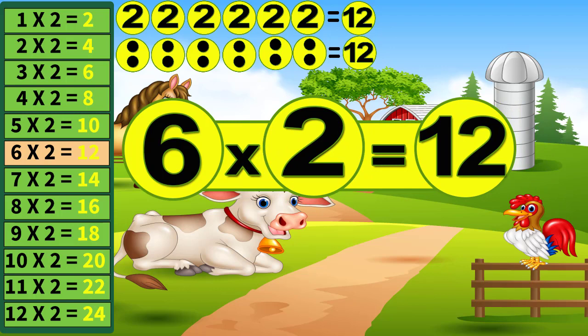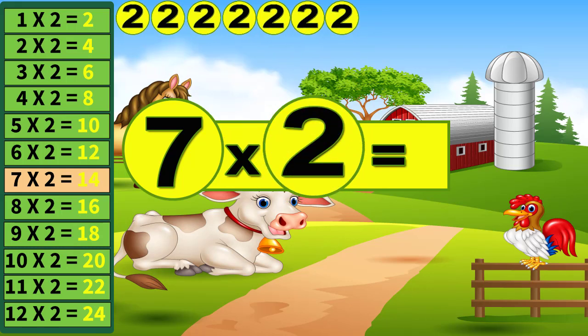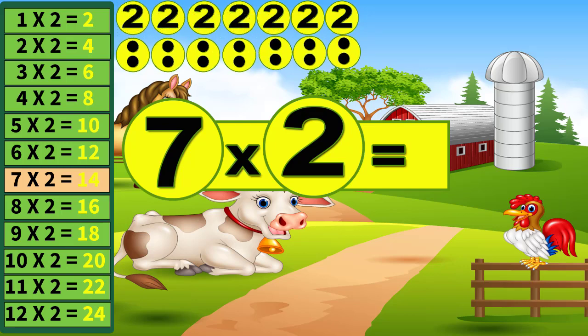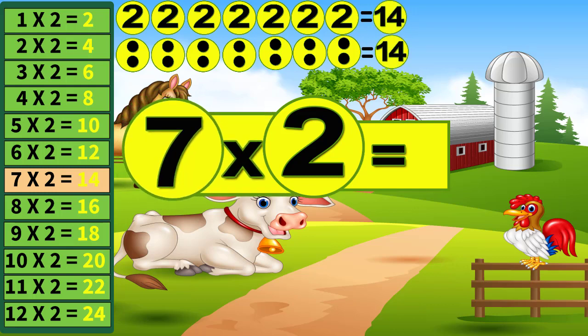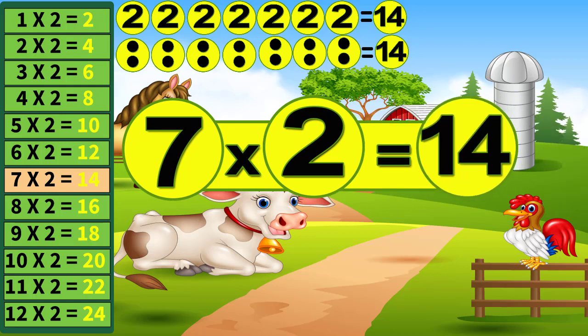Very good. Next is 7 times 2. Times meaning 7 of. So, we add all the 2's together, and we have 14. So, 7 times 2 equals 14. You're going very good.